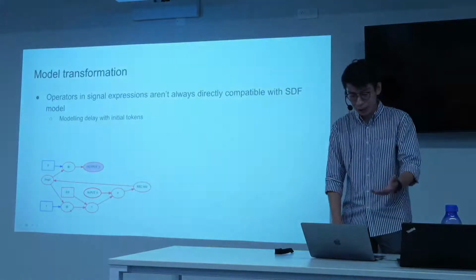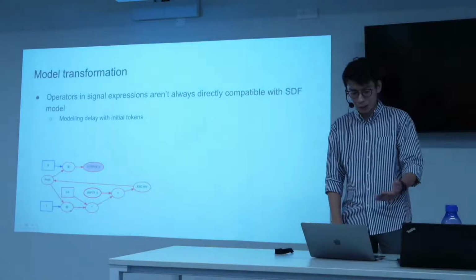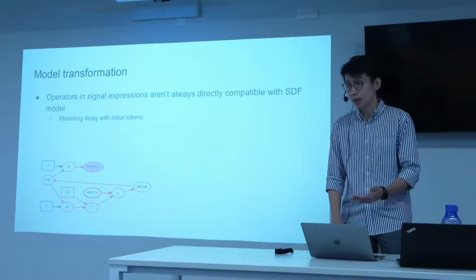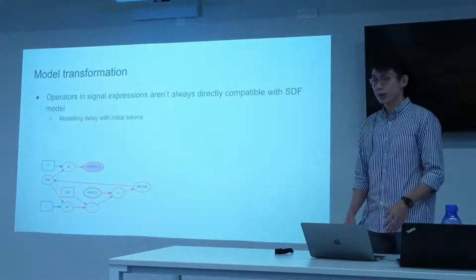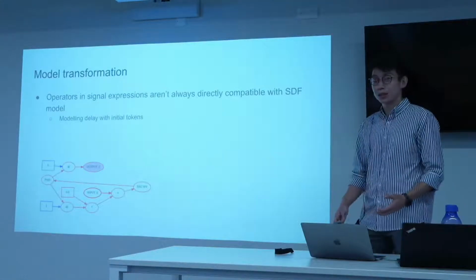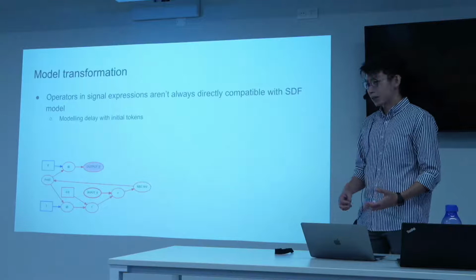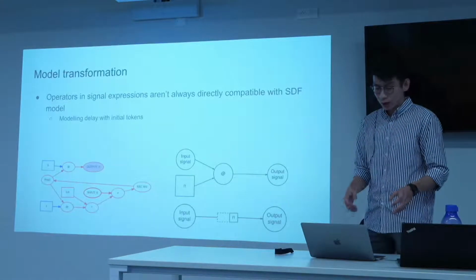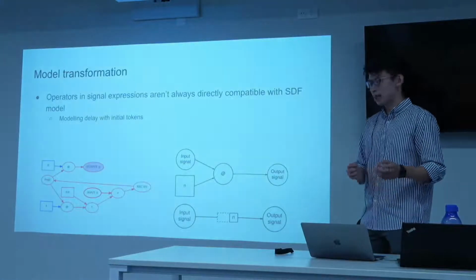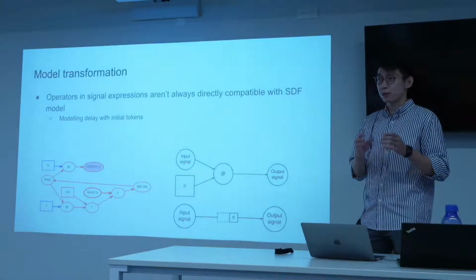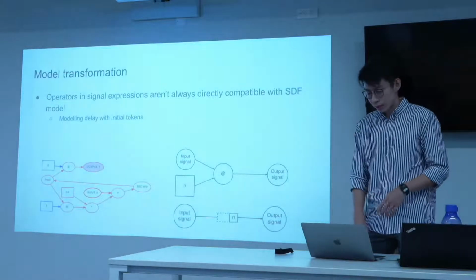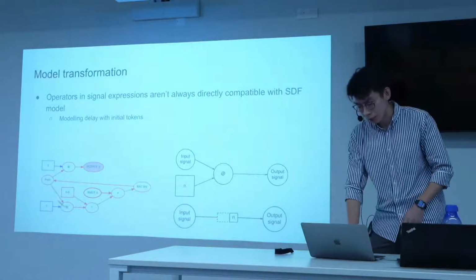And how they function is that given the argument in blue here, for example, it would delay sending the input signal to its output by that number in samples. And this doesn't really match up with the SDF model. And so what we did to mimic this behavior is that we replaced all of the delay operators with a buffer with an initial number of samples matching the argument given to the delay operator. And this on the right here is just a simple example of what we did.